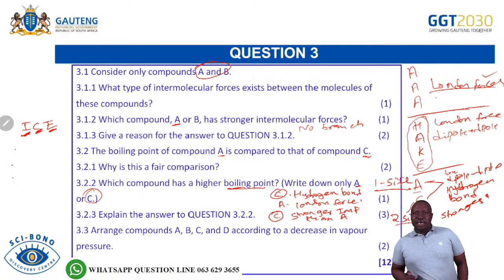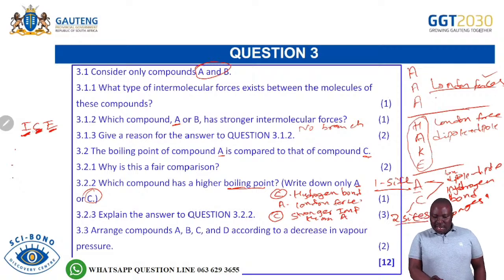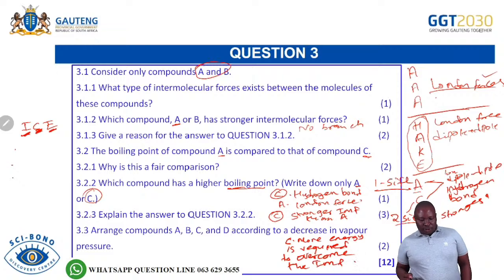That is how you get your second mark for comparing. For the third bullet, you will refer to the energy to say, since C has stronger intermolecular force, it means that for C, more energy is required to overcome the intermolecular force. So you must be able to say that more energy is required to overcome the intermolecular force.